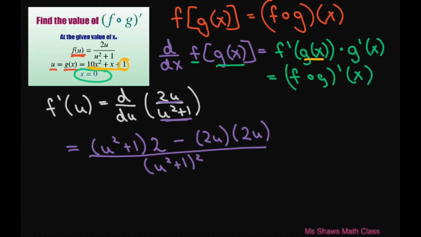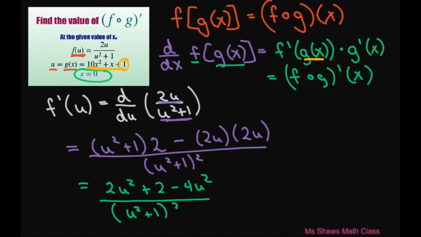Simplifying, we get 2u squared plus 2 minus 4u squared divided by u squared plus 1 squared. We just combine those: negative 2u squared plus 2 divided by u squared plus 1 squared.